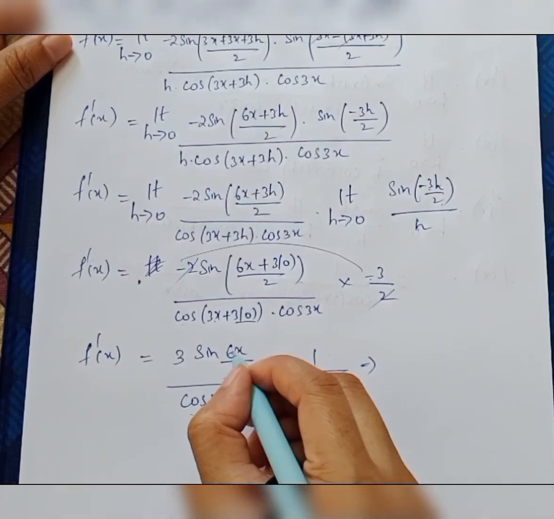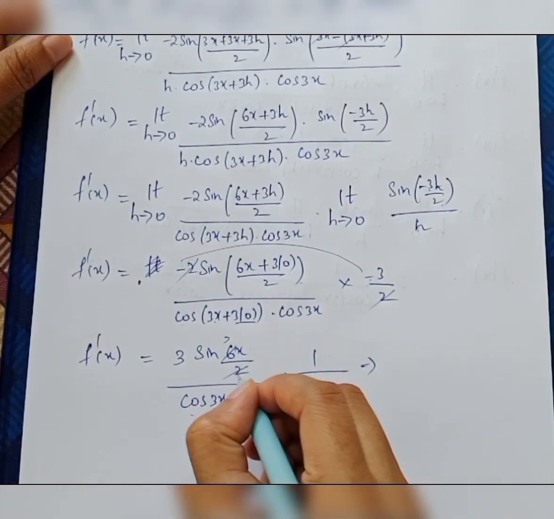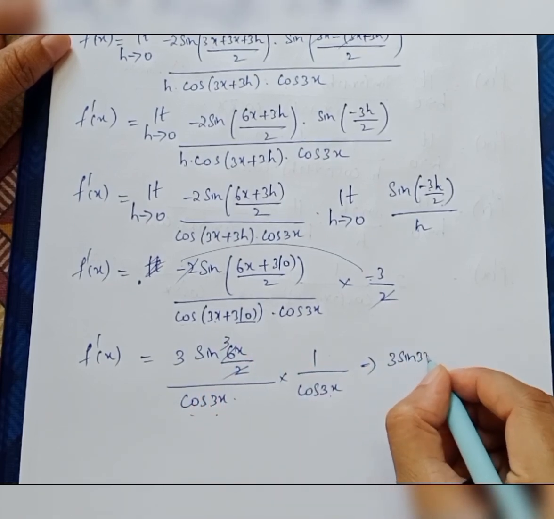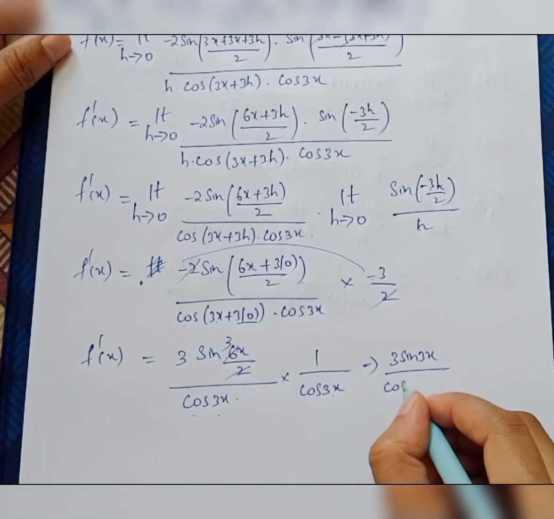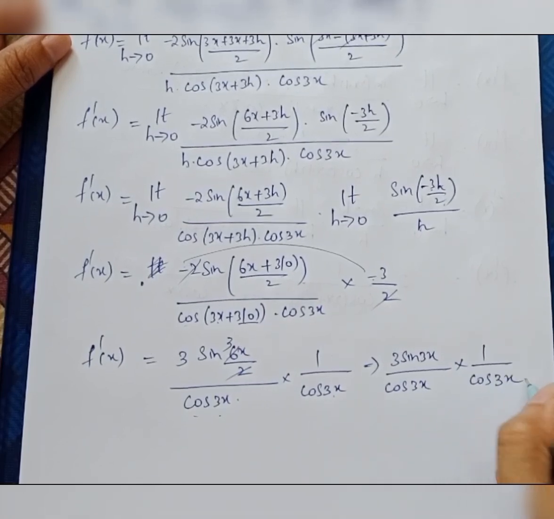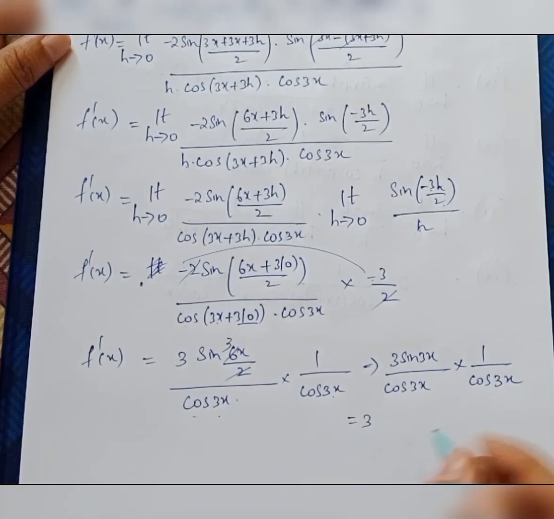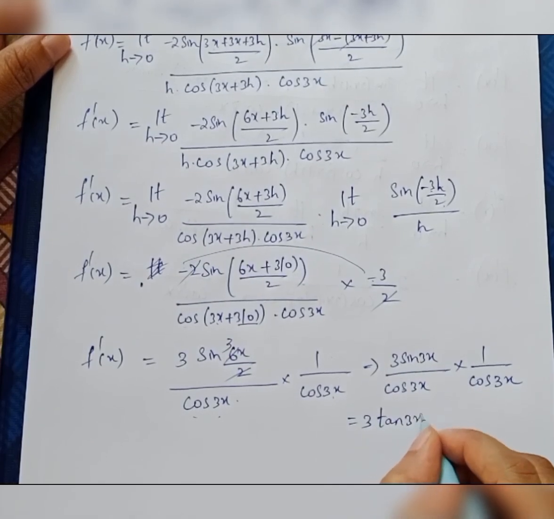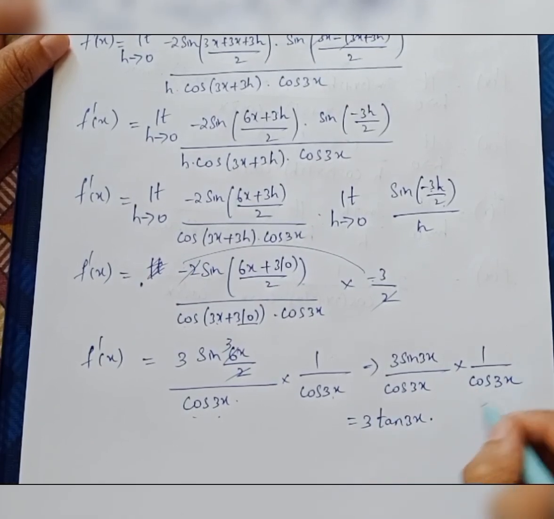So 2 ones are 2, 2 3s are 6, so it is 3 sin 3x by cos 3x into 1 by cos 3x. So 3 constant as it is, sin by cos is tan, so it is tan 3x into 1 by cos is secant, so it is sec 3x.